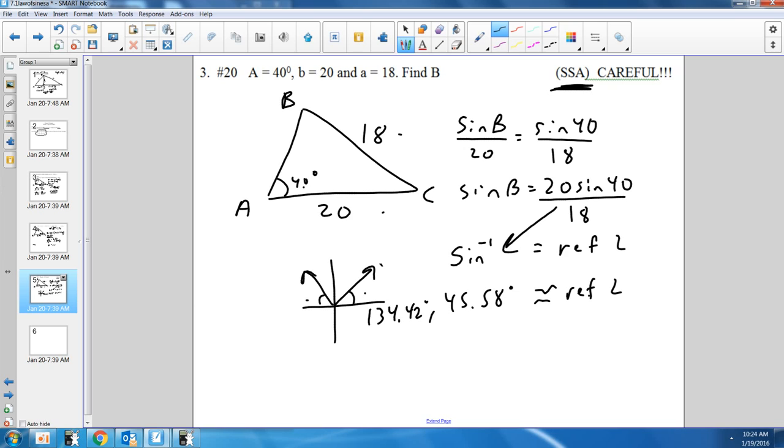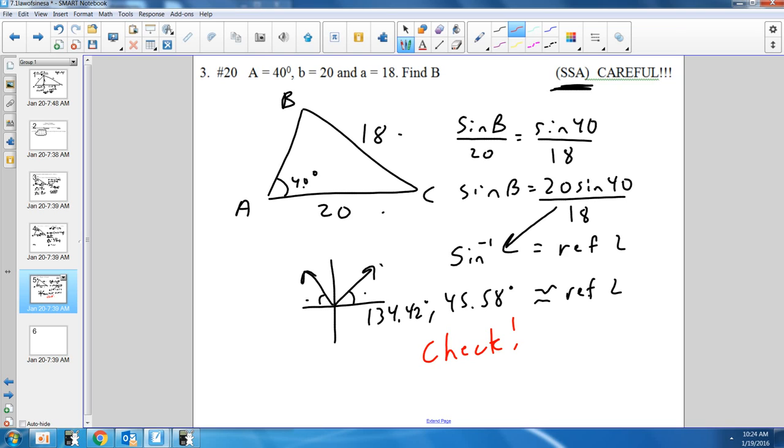There's a check involved here. You have to check your answer, and the way you check is to see whether there is enough space for the third angle. If you take 40 degrees and add it to 45, there's enough space for the third angle, because they can't go over 180. If you take 134 and add 40 to it, you get 174, and there's still space because you're going up until 180.